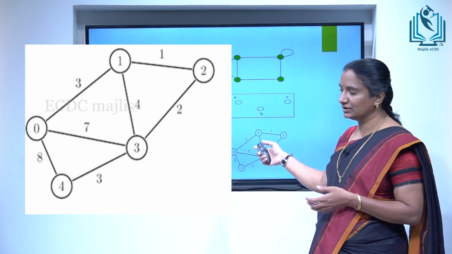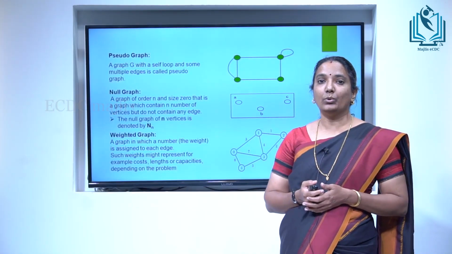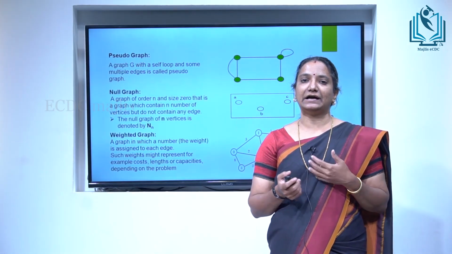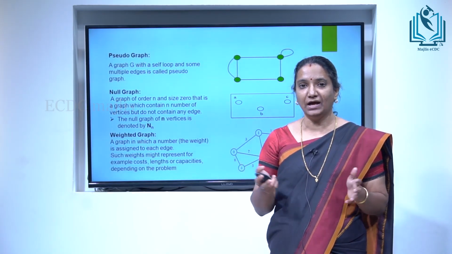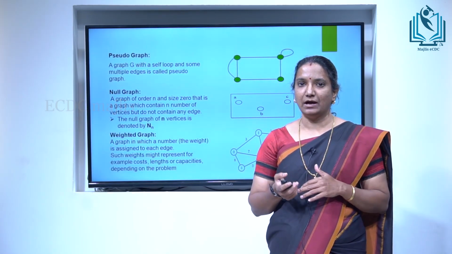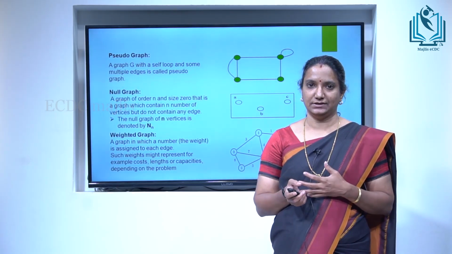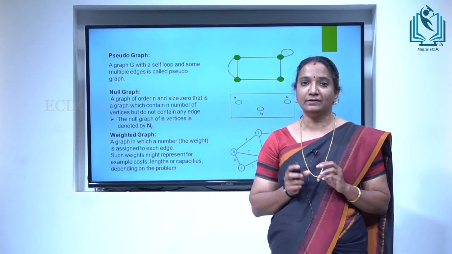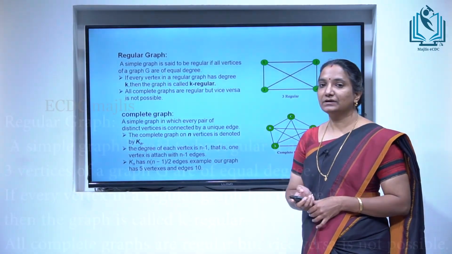That edge is labeled with 3. That 3 is the weight of it. Suppose it is a distance between 2 places, or if it is a pipeline connection, it may be the capacity, the water capacity the pipe can carry. That is the example.